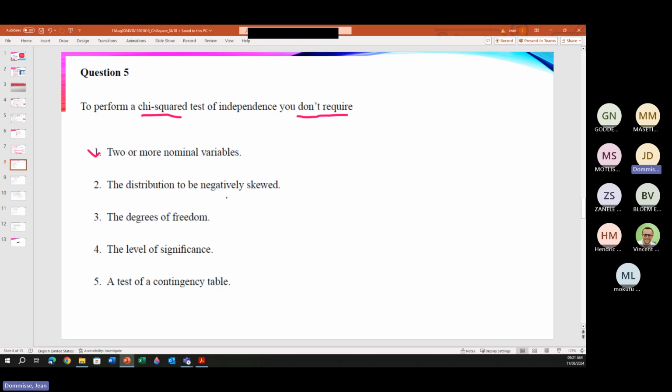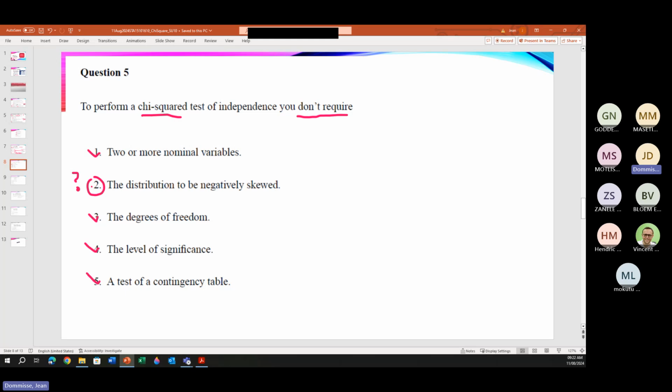The distribution to be negatively skewed. That feels to me like you don't need it to be negatively skewed. You do need degrees of freedom. You do need a level of significance. You are going to test a contingency table. So the one that is incorrect is option 2.